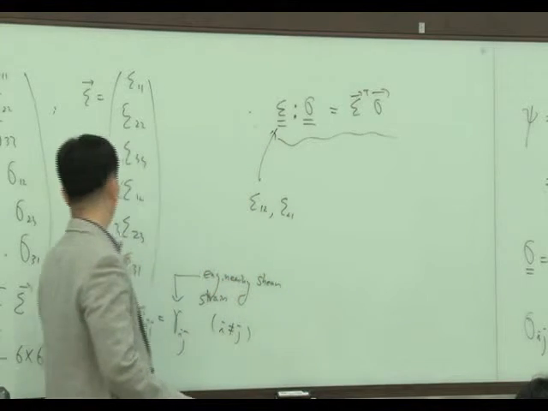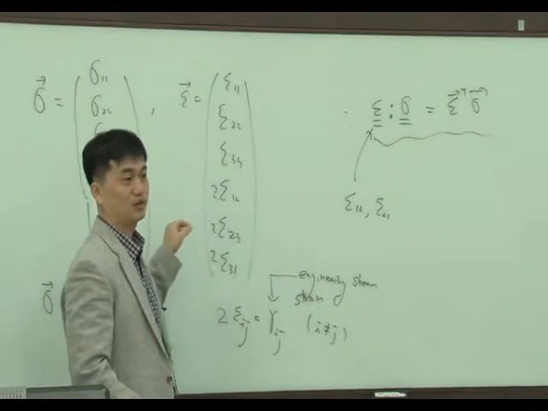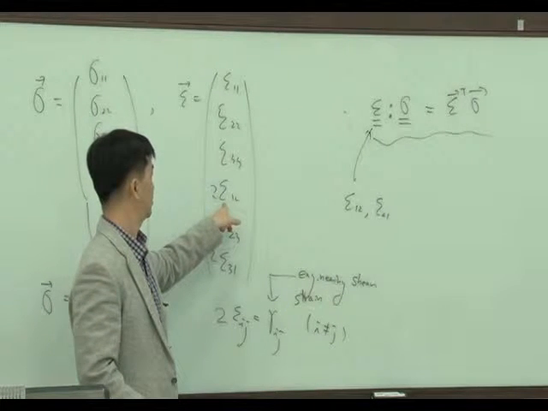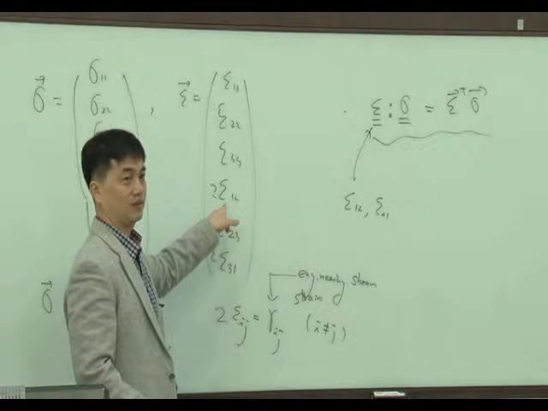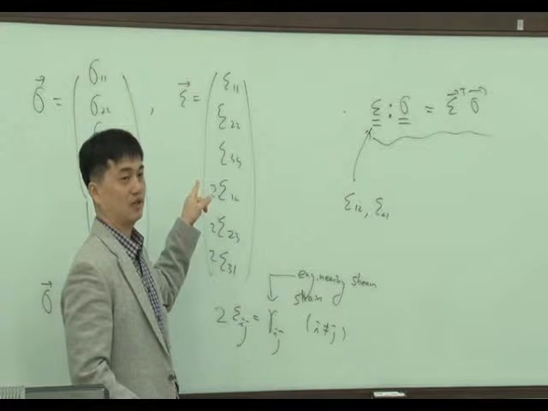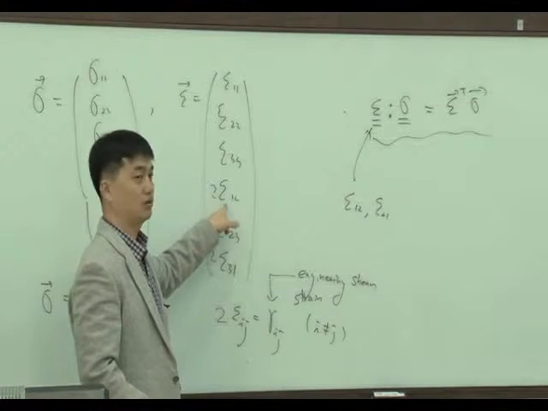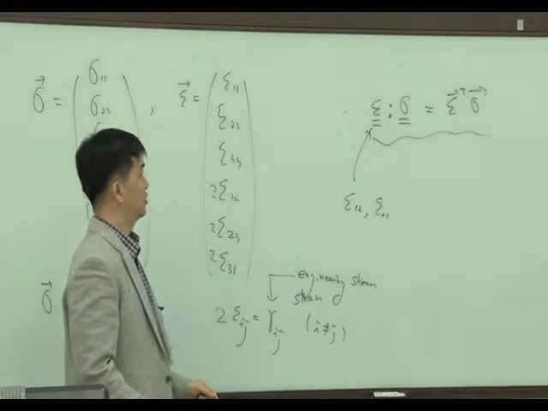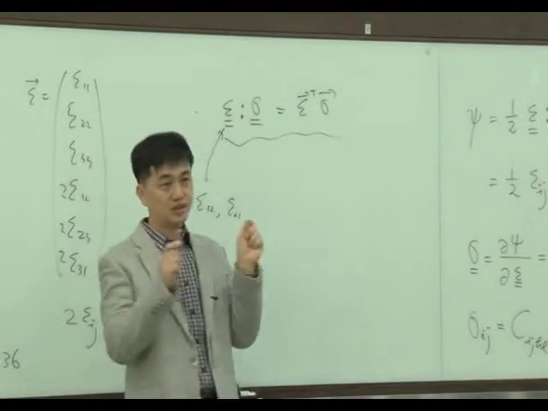So when we calculate the energy, we need to multiply 2, because we don't consider strain 2,1 here. Since strain 2,1 and 1,2 are the same, I need to multiply 2. If you expand both sides, you can check they are the same.